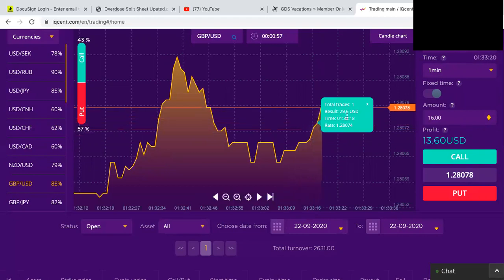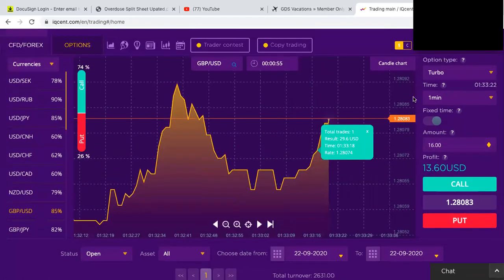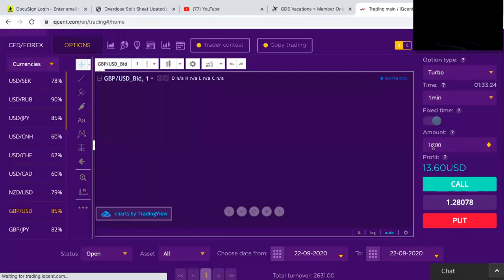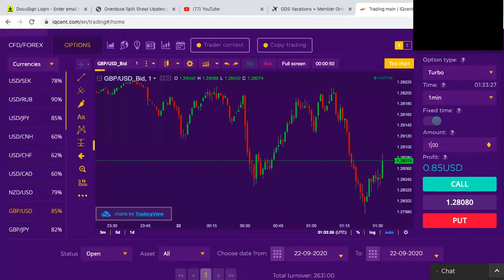All right, and I won that trade. So my next trade would be on the candle chart and it would be at $1. And that is my switch strategy.